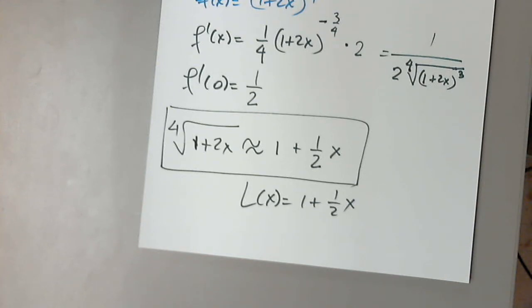Now here's the second half of the question. Find the values of x for which this approximation is within 0.01 or 0.1 of the actual value.